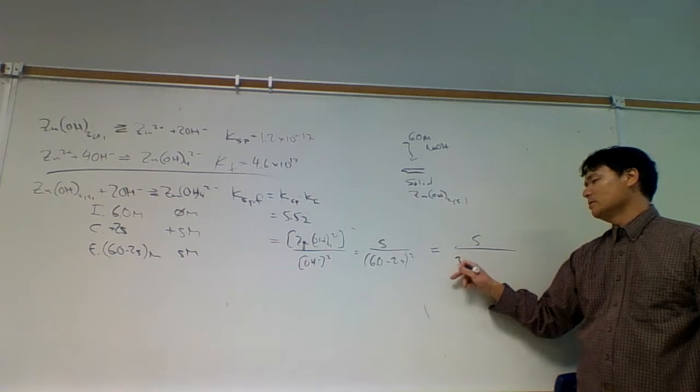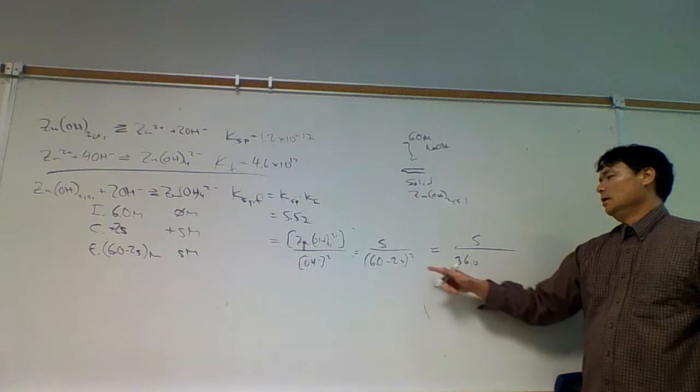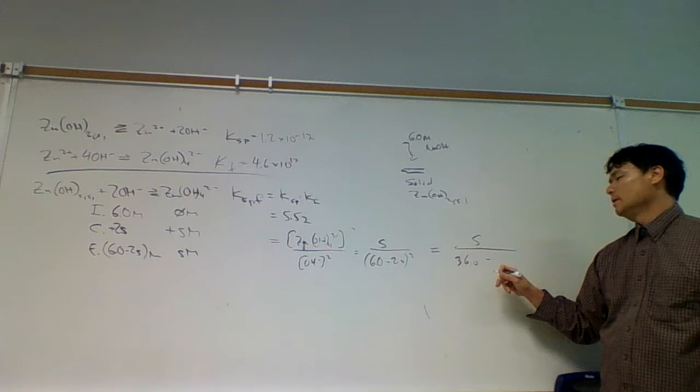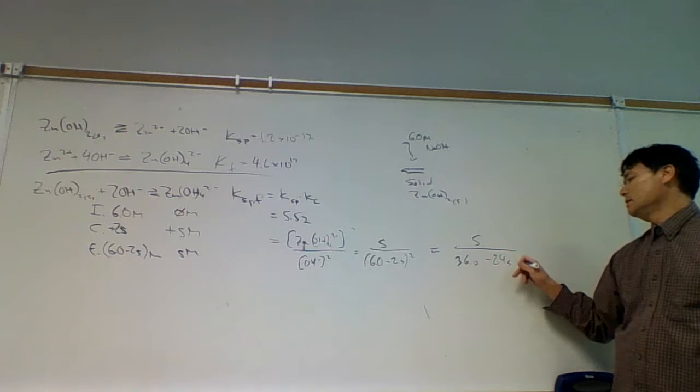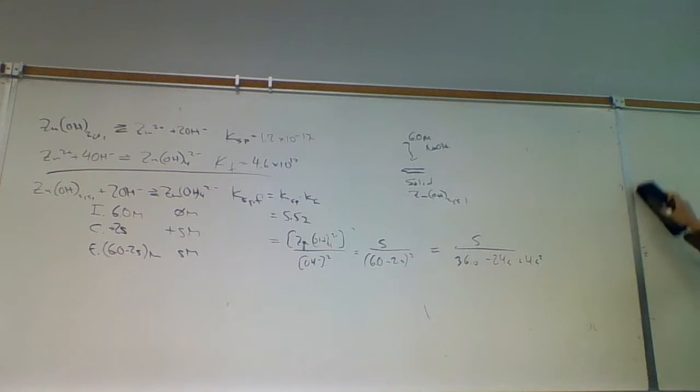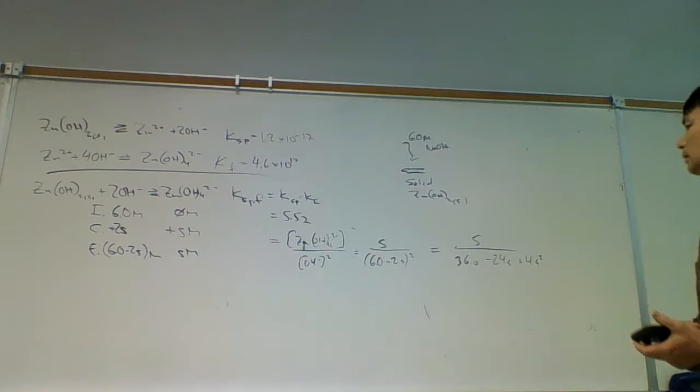It's going to be 6 squared is 36, minus 12 times 2 is minus 24S, plus 4S squared. Let's get this into quadratic form, and that way we can just use a solver. 36 times 5.52 is 198.72.